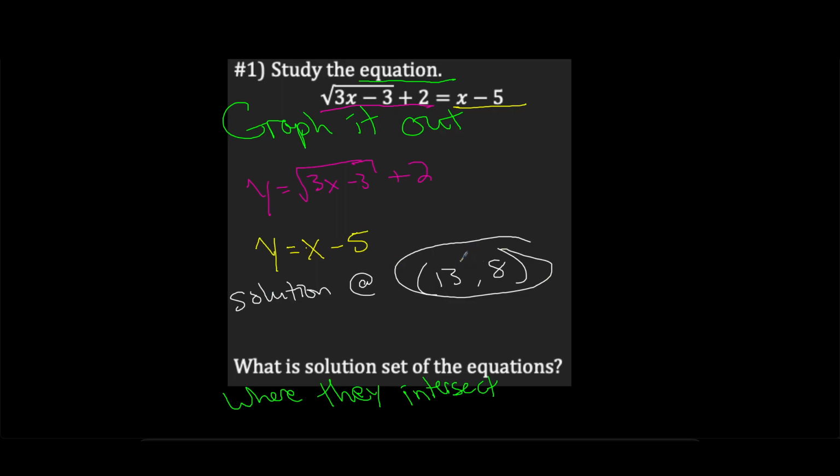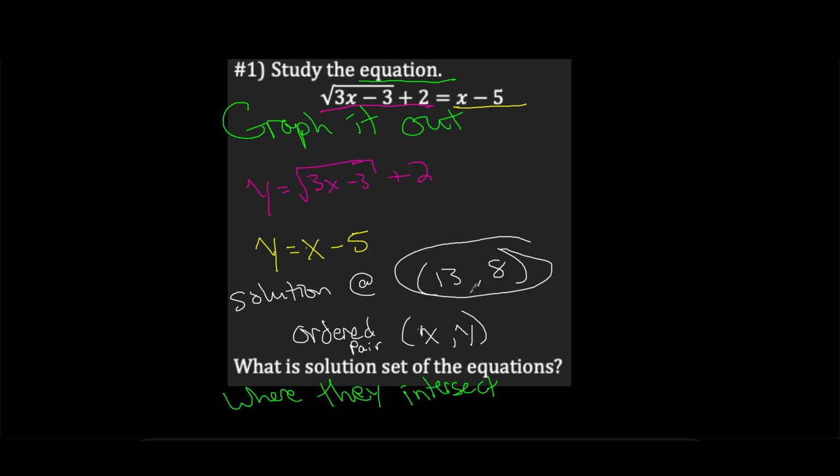If it asks you for the x values, make sure you put the x values. If it asks you for the y values, make sure you put the y values. Because again, an ordered pair is going to be an x value and a y value. So make sure you're saying that carefully.